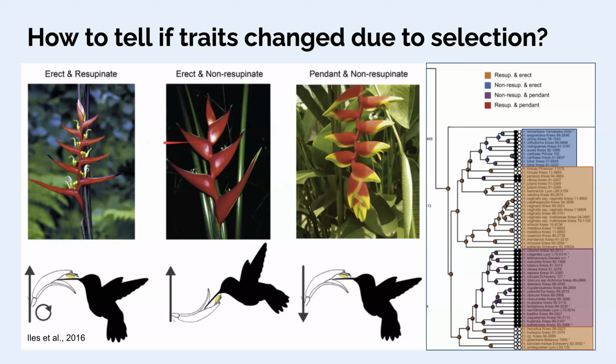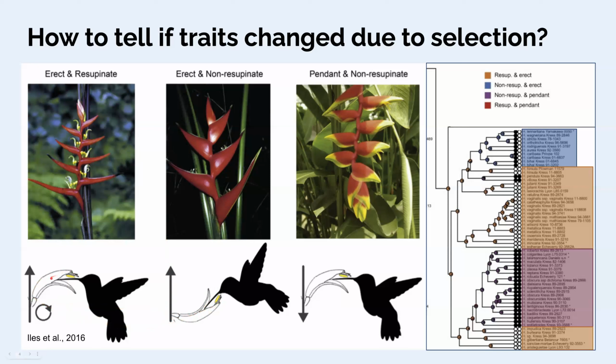These are erect inflorescences. Another feature has to do with whether the flowers are what we call resupinate. Resupinate means that they've flipped upside down, basically. So this is the not flipped upside down version, which has the pollen presentation on the bottom side. This kind of flower is flipped the other way and has the pollen presentation on the upper side.